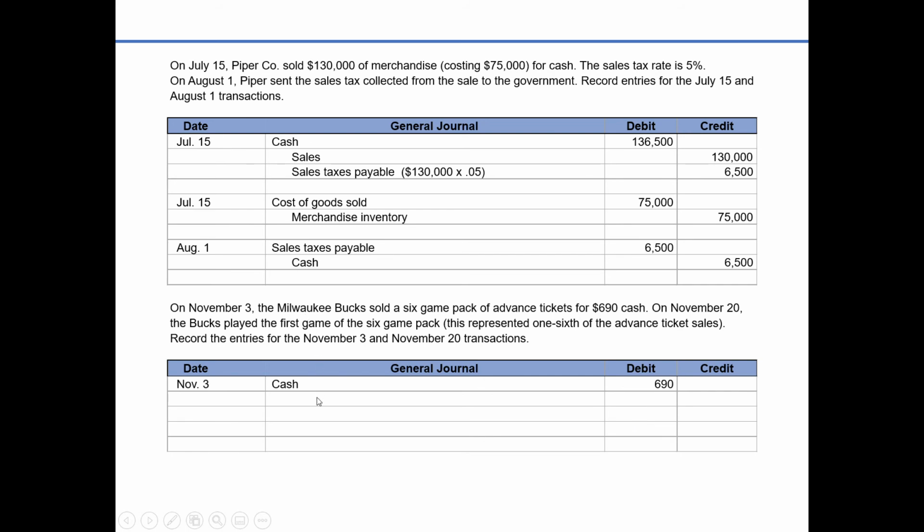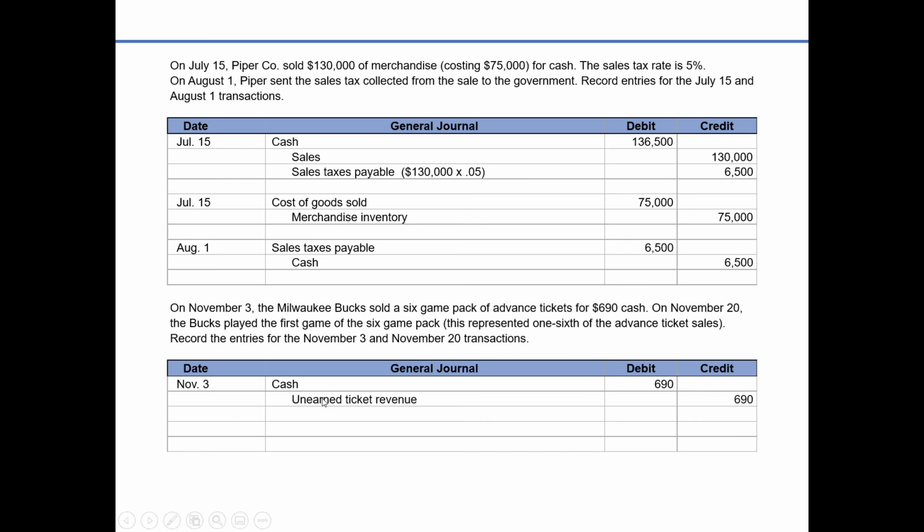You may initially have said, oh, like in the first transaction, I credited sales, so I need to credit some type of revenue account. But in the first scenario, Piper had actually earned the revenue. It had provided that product to its customer, whereas the Milwaukee Bucks have received cash and they still owe their customer playing those particular games in the future.